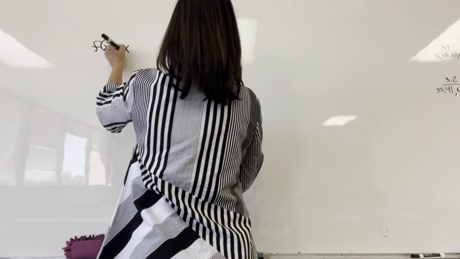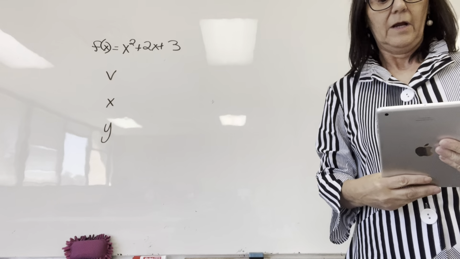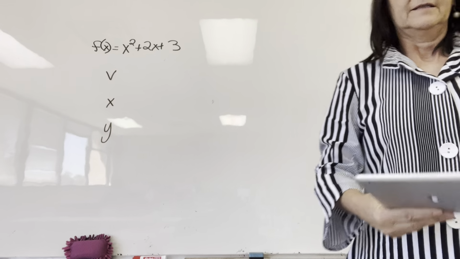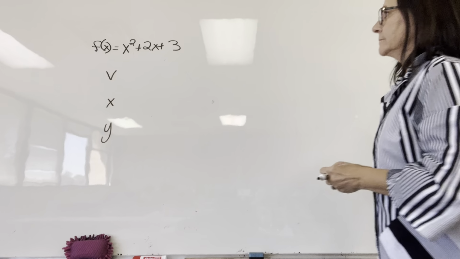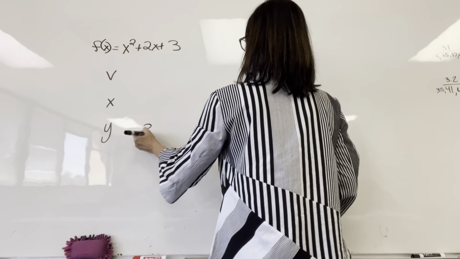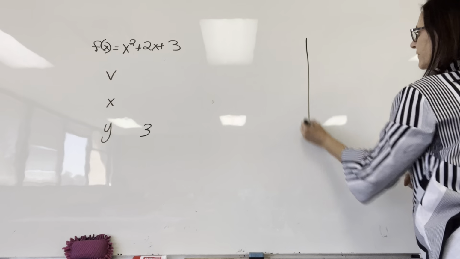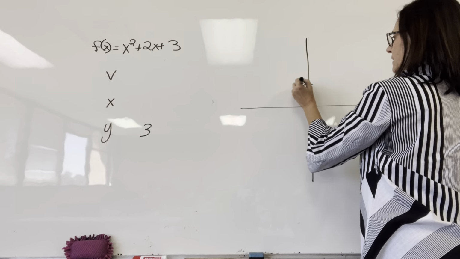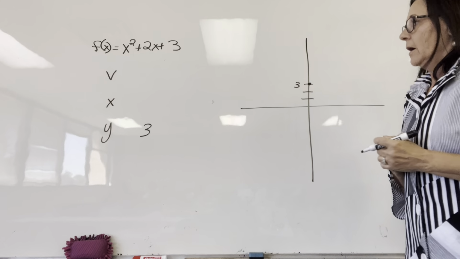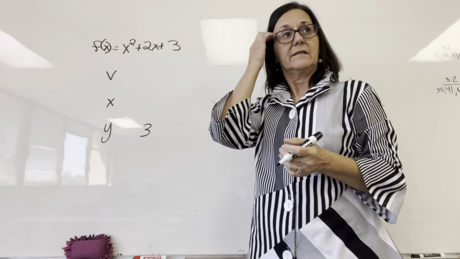And it says find the vertex, the x-intercepts, and the y-intercept. All right, let's start with the y-intercept. What is it? 3. All right, so we can graph that. We know it crosses the y-axis at 3. All right, let's find the vertex.